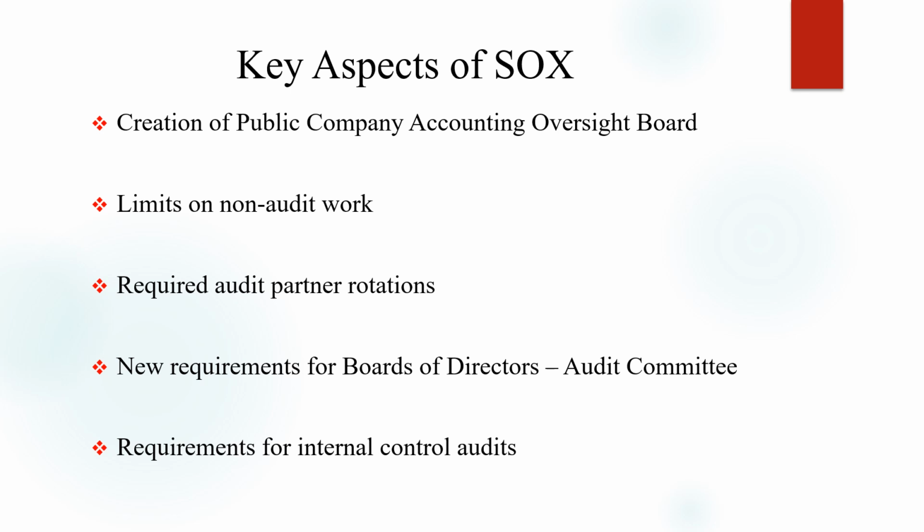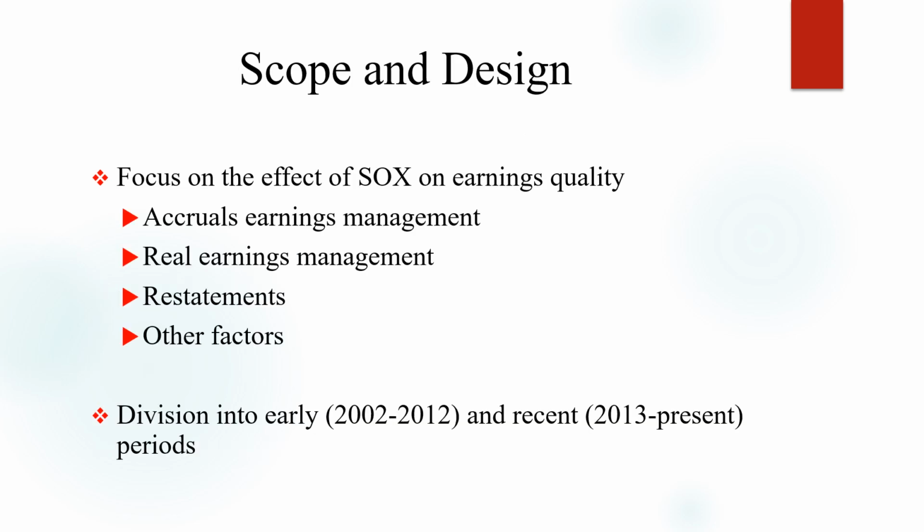So it's a pretty broad-reaching act, and it has a lot of different provisions which touch a lot of different areas of business. And that brings me to the scope of this literature review. If you look at prior literature reviews on Sarbanes-Oxley, they tend to be pretty broad. They cover a lot of material. They're very lengthy. They also tend to focus on the question of whether or not Sarbanes-Oxley has a net benefit or a net cost on business.